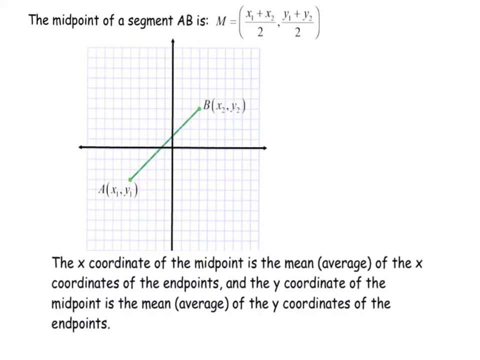To find the midpoint of this segment, we are going to take the sum of the x coordinates and divide it by 2, and then we are going to take the sum of the y coordinates and divide that number by 2. So basically, to find the midpoint, we are going to take the average of the x coordinates of the endpoints and the average of the y coordinates of the endpoints.